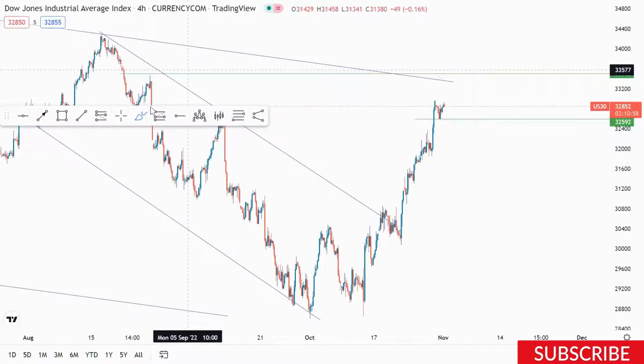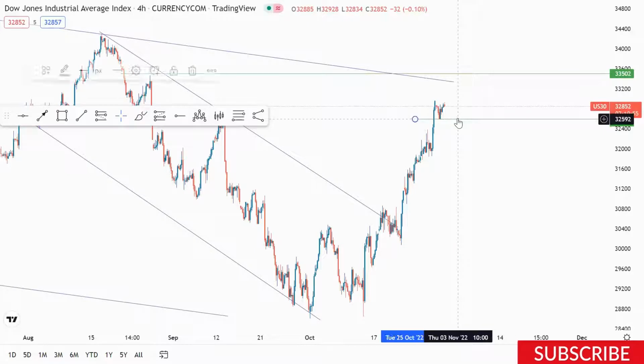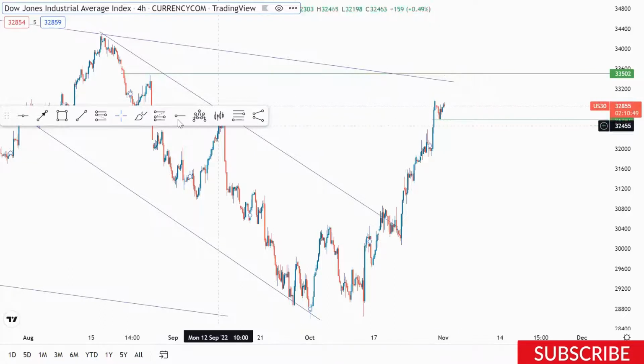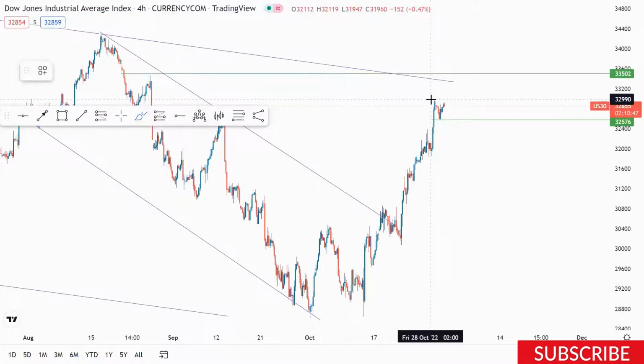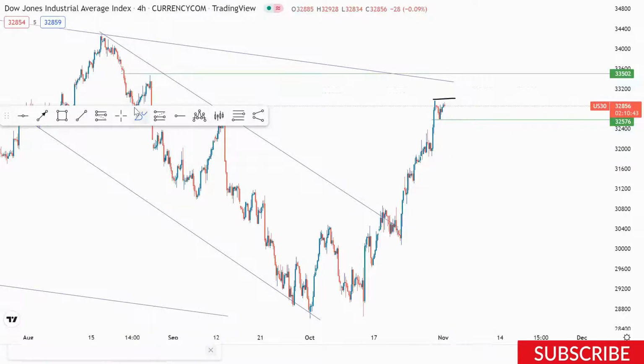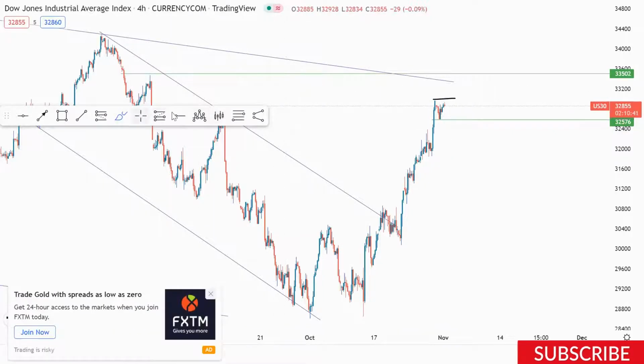But for now we're still playing between that trend line and this previous low. The market might be forming a double bottom. If you're looking to sell, it depends on how comfortable you are and what you're looking for, as we all look for different things.